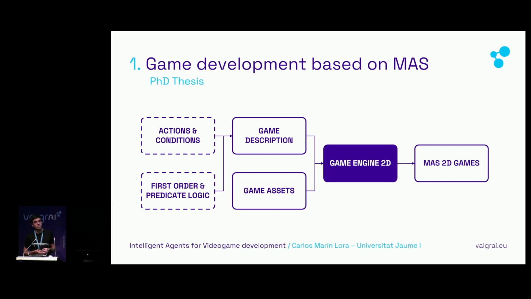And for that, we used the multi-agent system methodology to create a specification system to define games, and also a behavioral specification module to define behaviors with first order logic and predicate logic. We finished with a reduced set of actions and conditions, and we achieved that 7-year-old kids were able to finish their own games with our model.